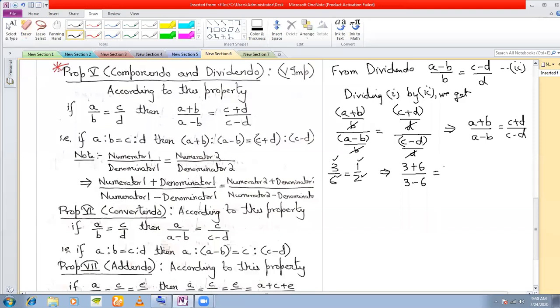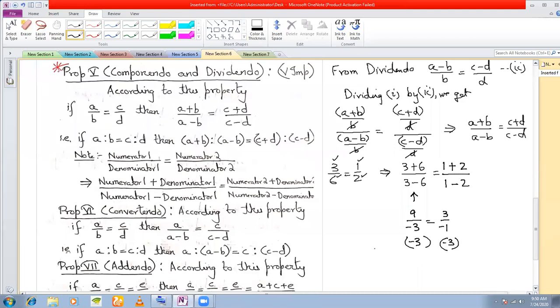You can check that these two are equal. See, this comes to 9 by minus 3, and this comes to 3 by minus 1. Both sides are equal to minus 3.